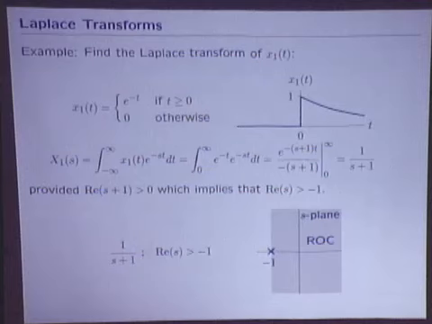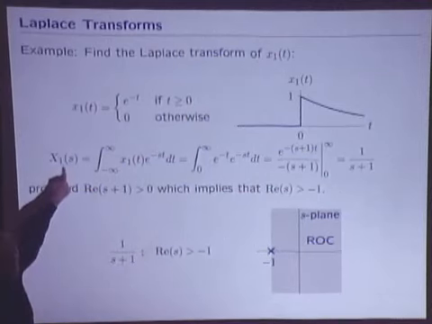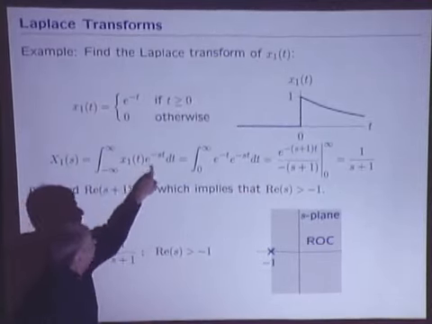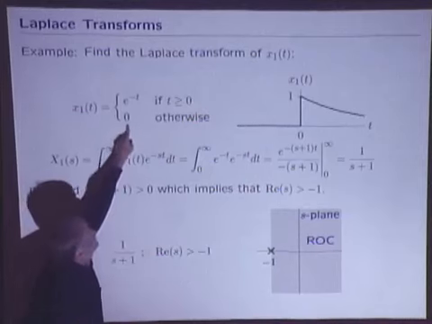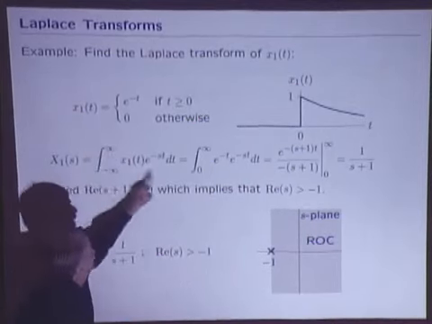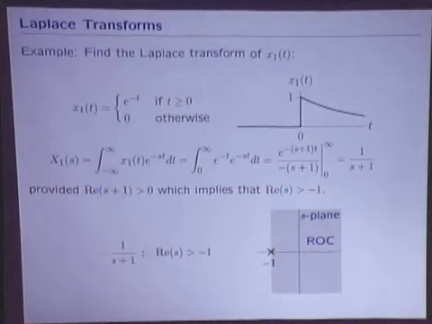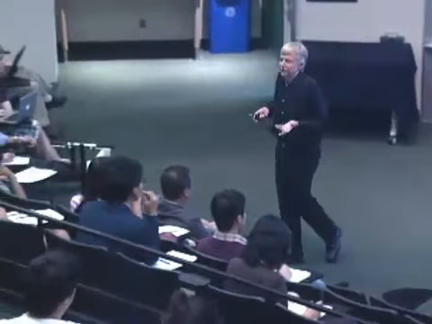As you might expect, the first transform we'll do involves simply plugging that mathematical formula into the definition. So the X of s, the Laplace transform, is always the function of time integrated against e to the minus st. We're only doing bilateral, but notice that the 0 for t less than 0 cuts off the bottom. So in fact, you would get the same answer if you did bilateral or unilateral.